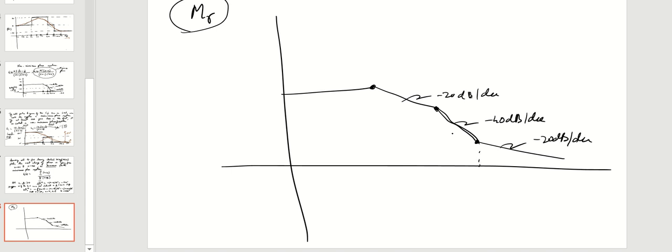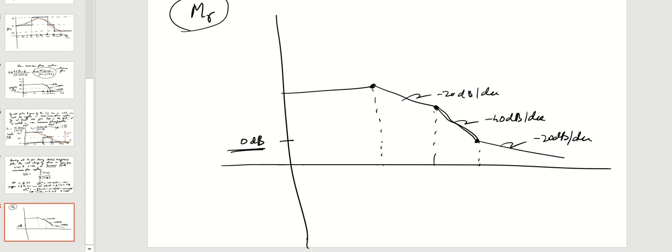Let's say these are just certain corner frequencies. We really aren't concerned about the numerical values of this. Now if you increase the gain of this, let's say this is the 0 dB line, what happens then?